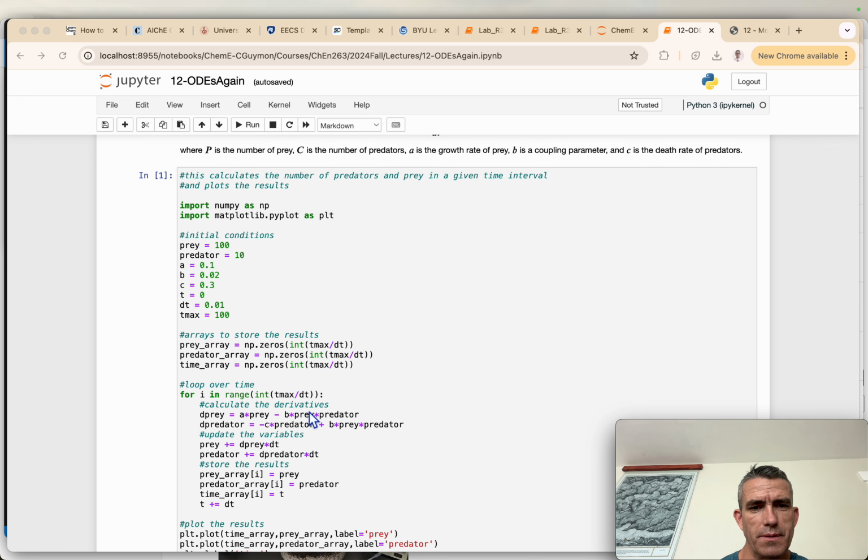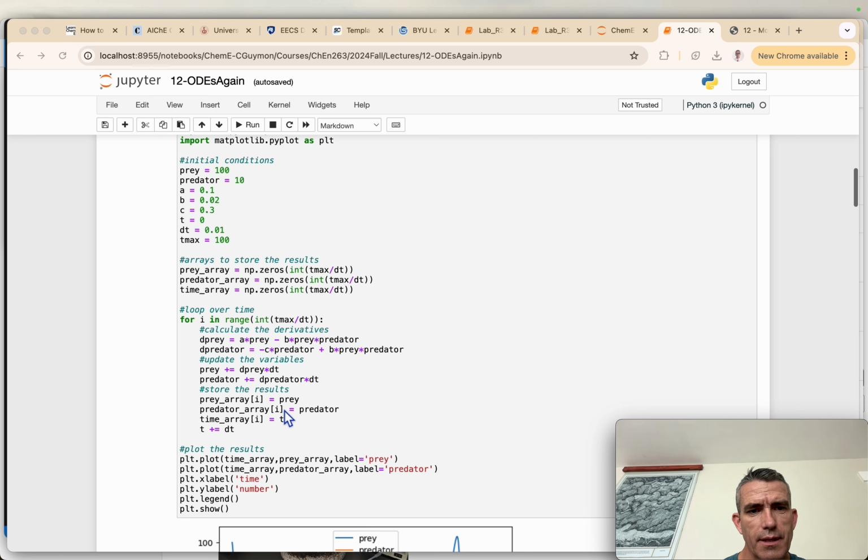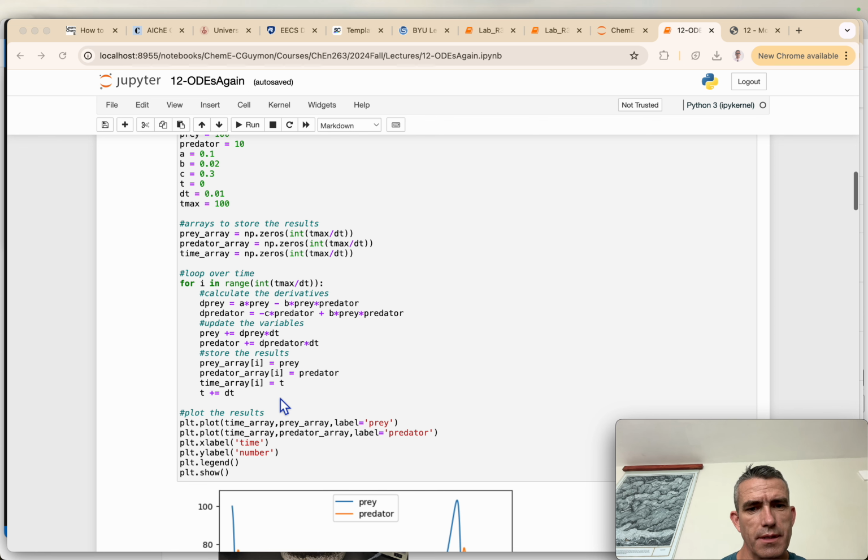And then we're just going to use Euler's method, where we have the derivatives right here, d prey and d predator, and our prey counts just increase per our Euler prey equals prey from the previous time step plus d prey times dt. And you assign those right there from the previous values.